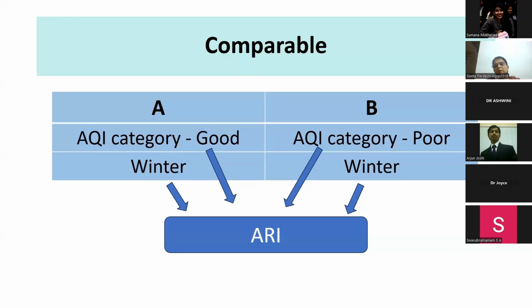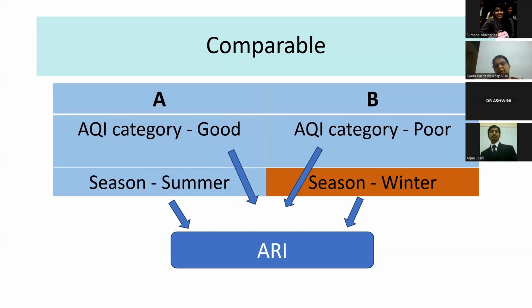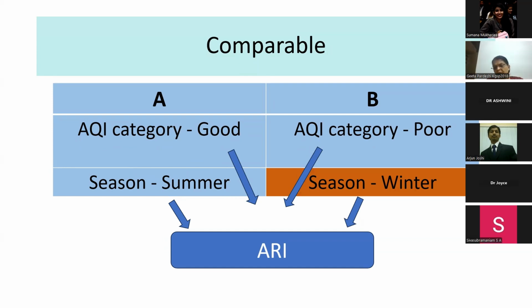So when the seasons are comparable, then I am comfortable comparing the numbers in different AQI categories. If the seasons are different, right? So you have a good AQI category and it's a summer day, and you have a poor AQI category and it's in the winter, and you are looking at the numbers of acute respiratory infection presenting to EDs.